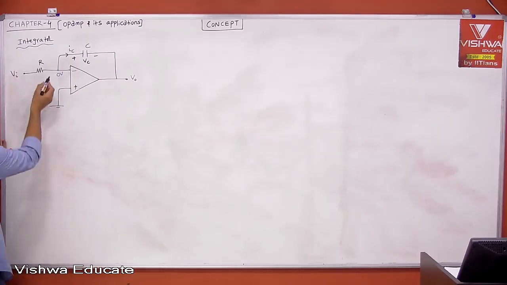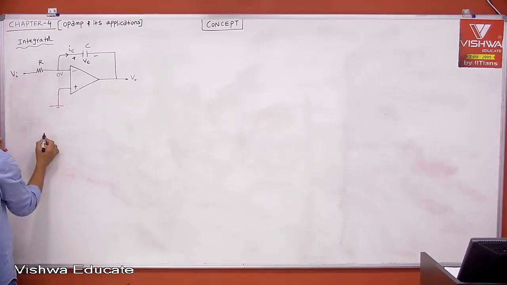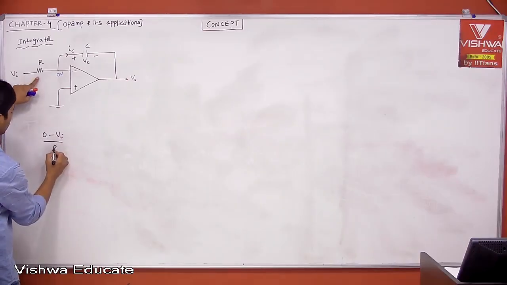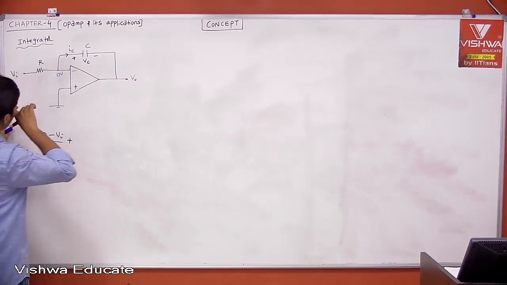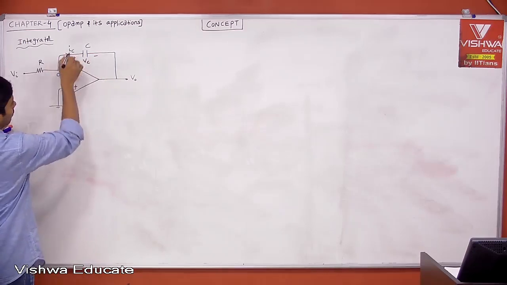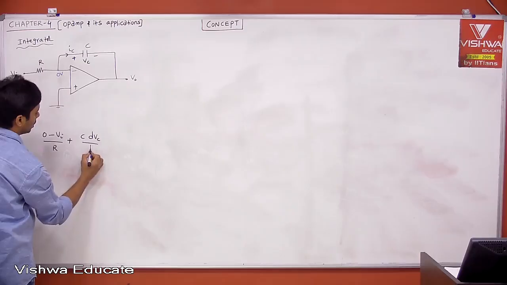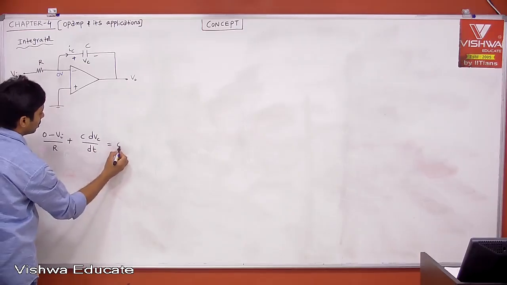Then tell me, current leaving this node, 0 minus Vi divided by R, plus current leaving this node, which is the current flowing through the capacitor, C into dVc divided by dt, is equal to 0.